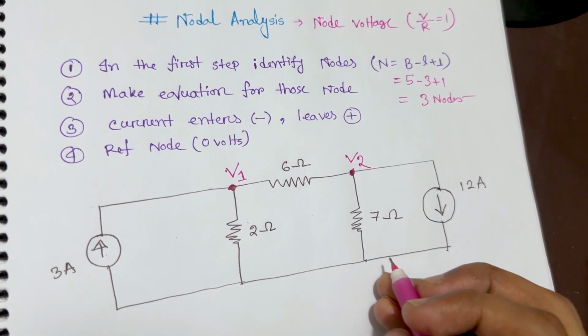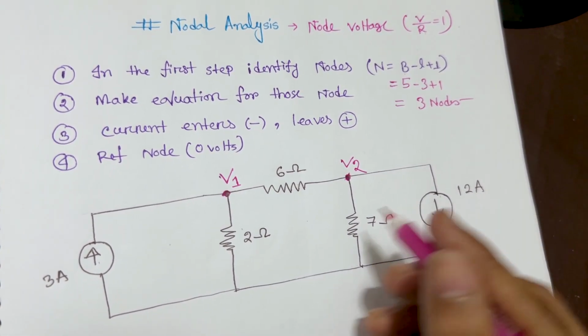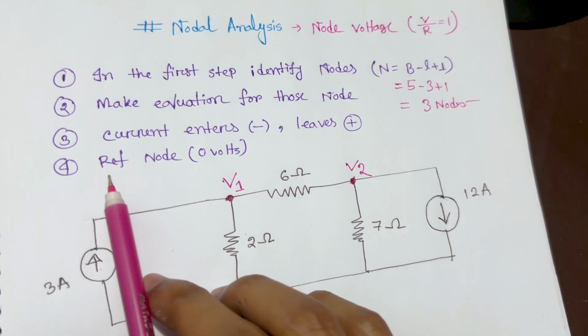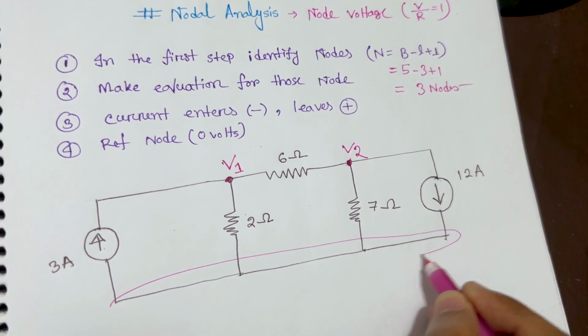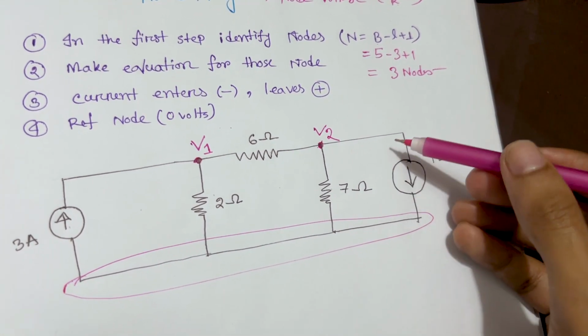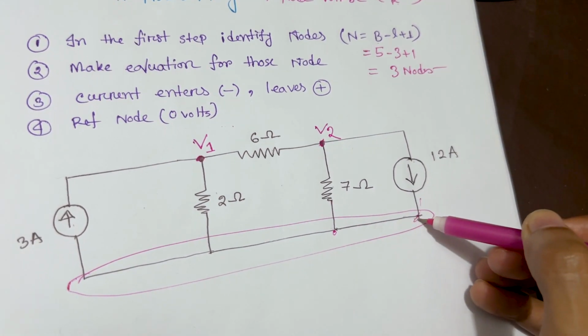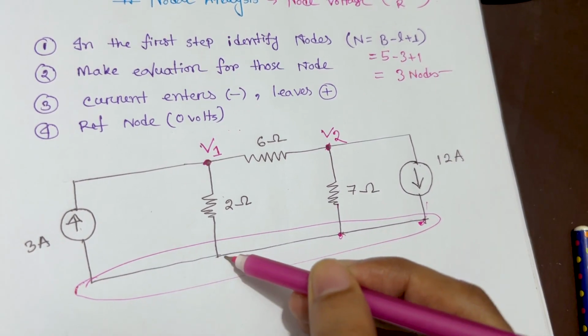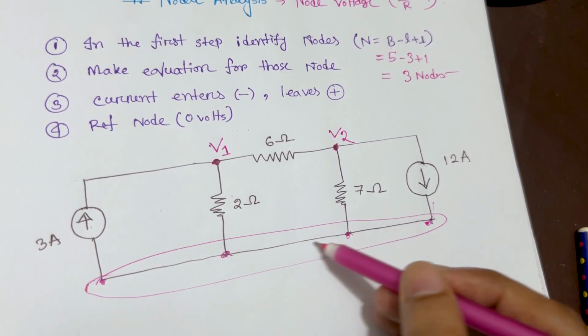Which is the other node? We need to find out the other node. This is the reference node. Why? Because as you can see, all the elements have their other point connected in this node. So all these points are the same, and there is nothing in between.